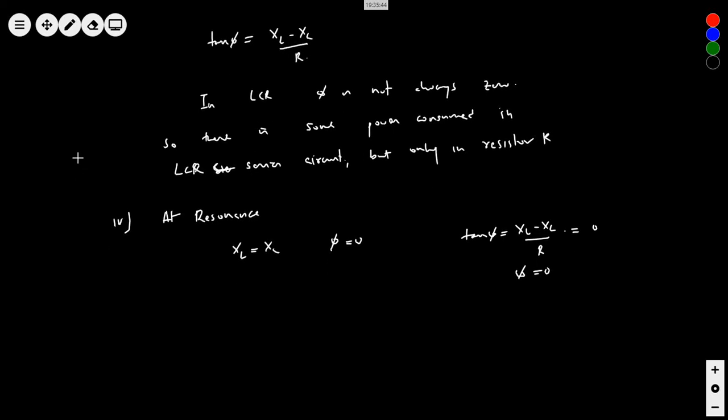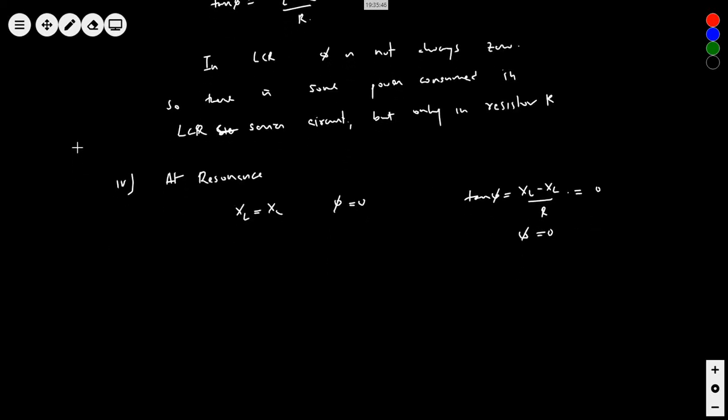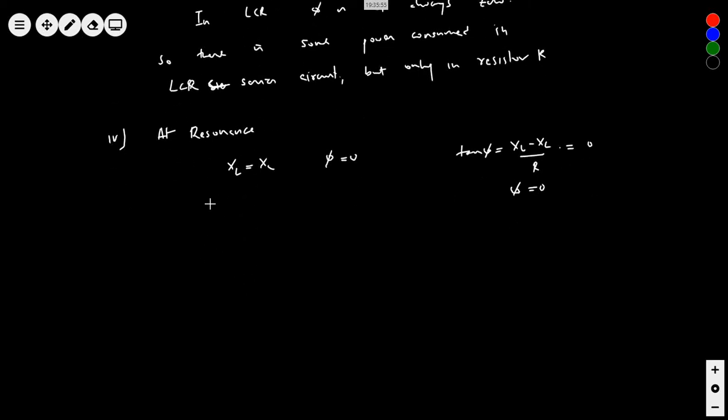Simple. Phi 0 means it is behaving like a resistive circuit only. So maximum power is dissipated at resonance, through R.